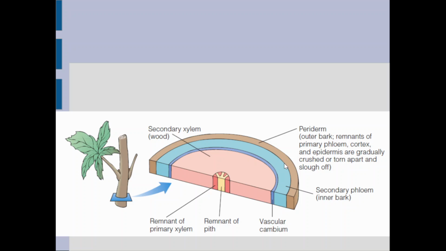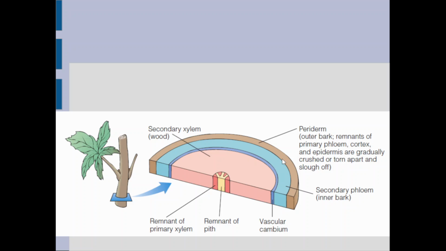The outer cells is a periderm, that is outer bark. They arise from the cork cambium, and cork cambium will provide cork cells and cork parenchyma. So together they are called the periderm or outer bark.